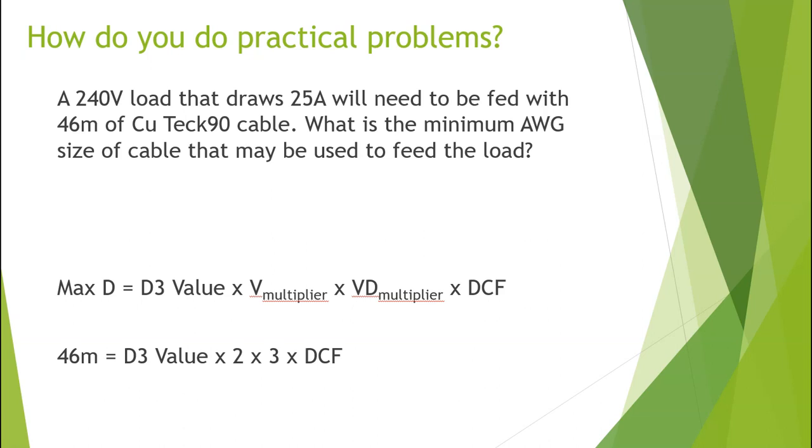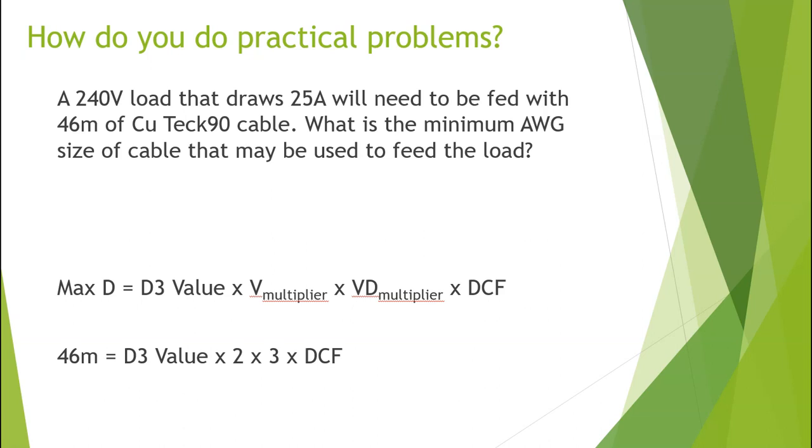We have the 46 meters. That's the length of cable we have to actually install. We can't install anything shorter because the load is where it is and the panel is where it is. So this means now we have to look at the other values within the base calculation and determine which of these we can actually solve right off the top.